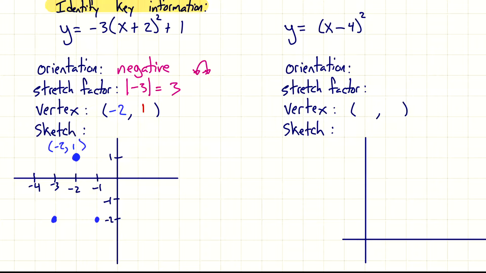And the stretch factor is 3, so it needs to look like it's been made skinny. And the vertex needs to be in the right place. So this looks like a skinny parabola, and it's upside down, so it resembles the graph that we're looking for.